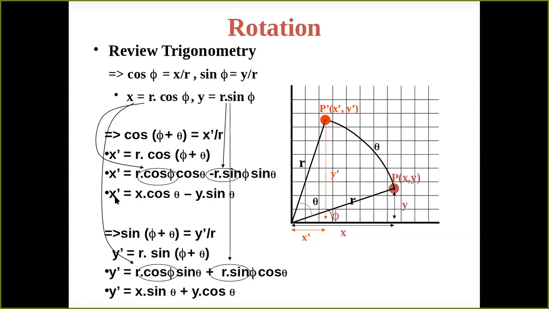So the new value of x dash is what? x dash equal to x cos theta minus y sin theta, and y dash equal to x sin theta plus y cos theta. Okay, so your new coordinates, new point values, are x dash y dash. So write these values x dash y dash in your copy. x dash equal to x cos theta minus y sin theta. y dash equal to x sin theta plus y cos theta. Clear?